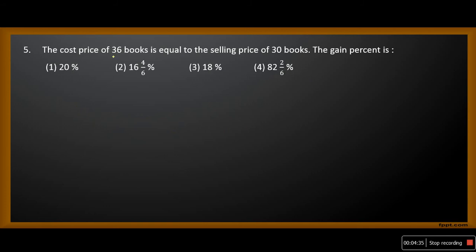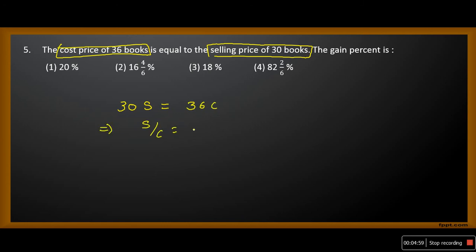Now, the cost price of 36 books is equivalent to the selling price of 30 books. So what we can say? The selling price of 30 books is equivalent to the cost price of 36 books. So S by C is equal to 36 by 30, which is nothing but 12 by 10.